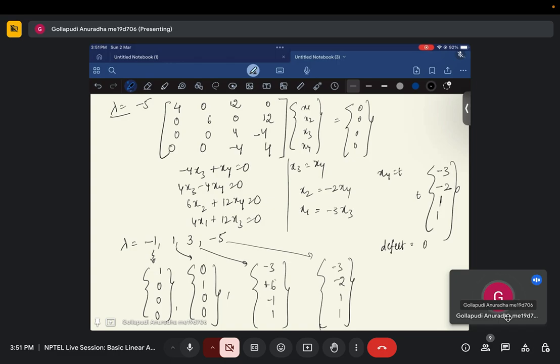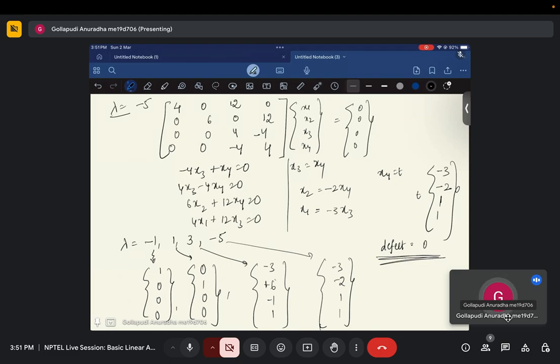So is this diagonalizable or not? Yeah, this is diagonalizable because all eigenvalues are different. That's true. So okay, that will be my next question.